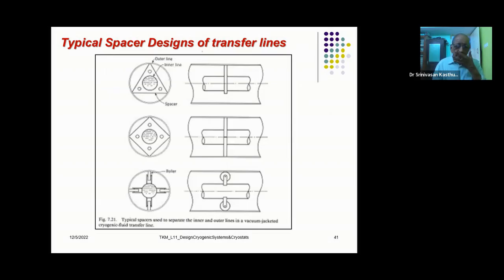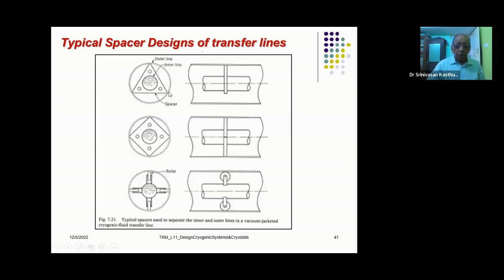Several spacer designs are used. For example, this is what is called the triangular spacer. This spacer is not only to make sure that the inner vessel does not touch the outer vessel, but also to make sure the heat transfer through this support arrangement is as small as possible.